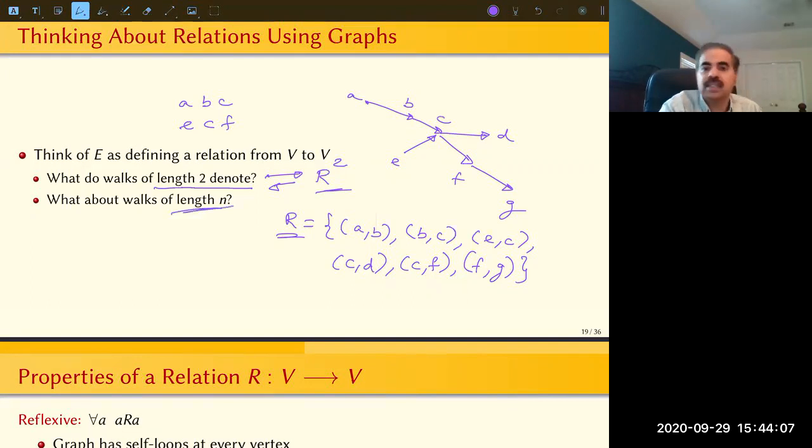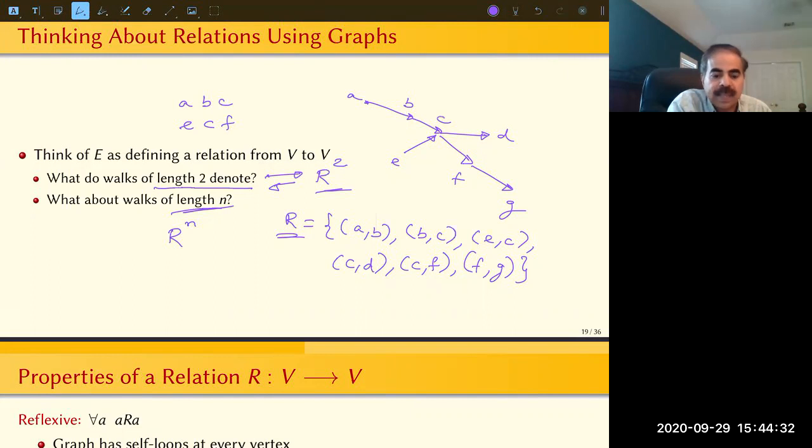And similarly, you can understand that a walk of length n is going to be representing R to the power n, right? So in this case, the longest path in this graph is what length?